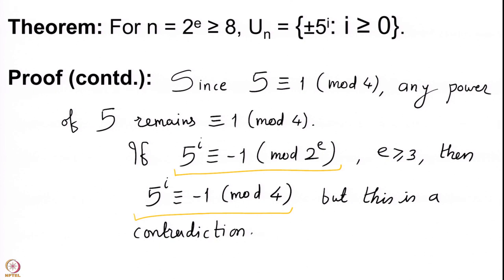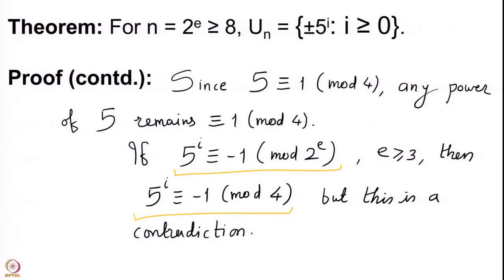So, this statement does two things in one go. It tells you that no power of 5 can be minus 1. This is what we wanted to show, that the elements in the group generated by 5 have nothing in common with the subgroup of order 2, 1 and minus 1.